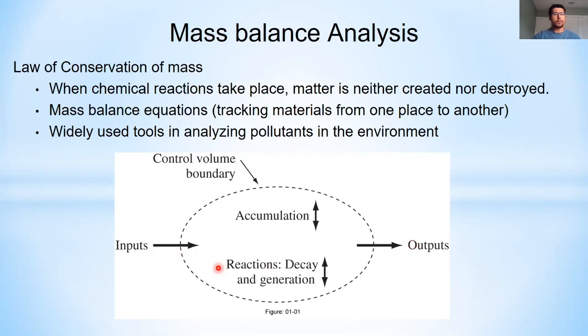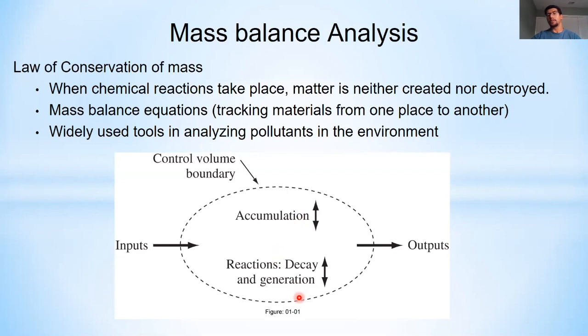We have some inputs and we have some outputs, as I mentioned before. I gave an example of your financial aid, kind of an economic condition. We have some inputs and then we have some spendings. And then we have the control volume. We have some savings, which can refer to the accumulation. We can have some decay.